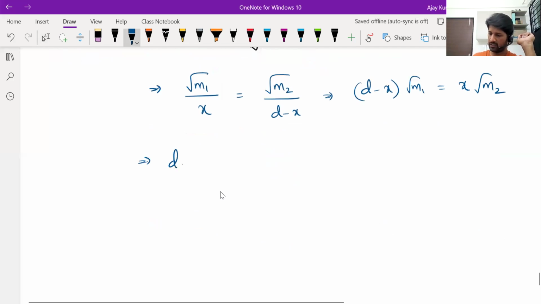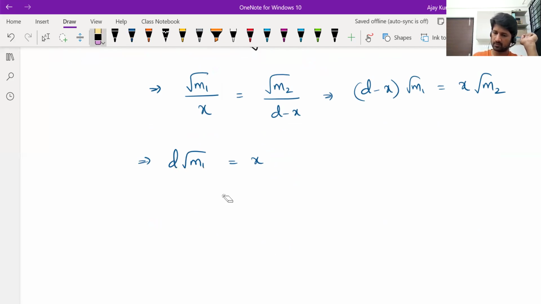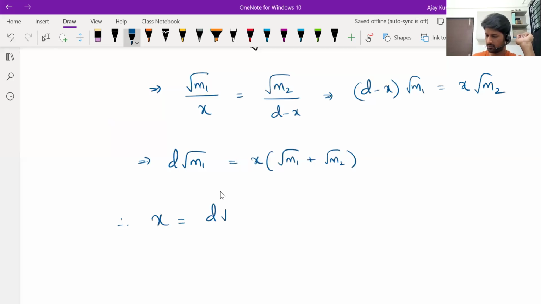You get d root m1 is equal to x times (root m1 plus root m2). That's all. Therefore, x is equal to d root m1 by (root m1 plus root m2).